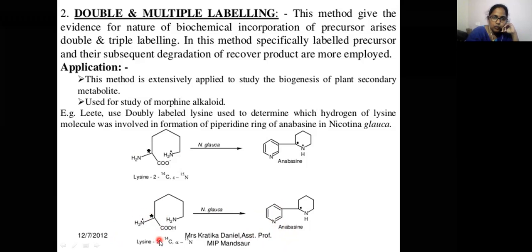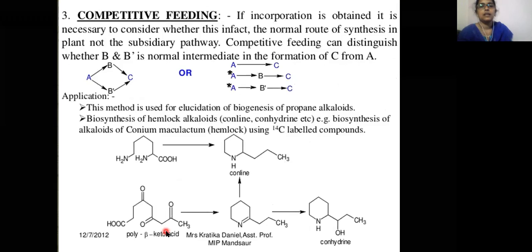Actually this is removed and we are getting one more nitrogen, I think. This nitrogen is not involved in the formation of the piperidine ring, so the radio labeled nitrogen is not there in the final product. This shows that only this nitrogen is involved in the formation of the piperidine ring.